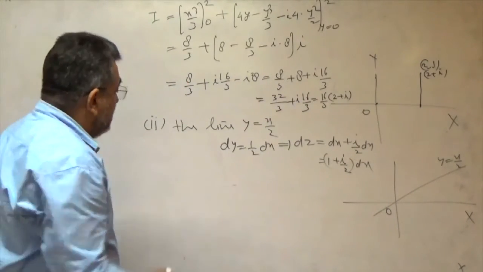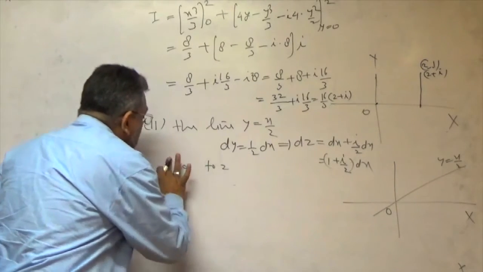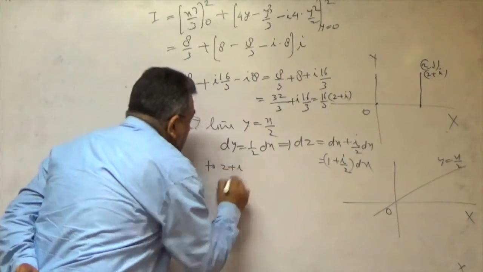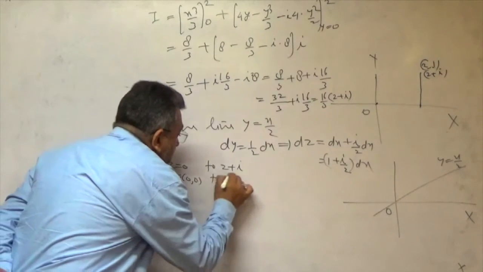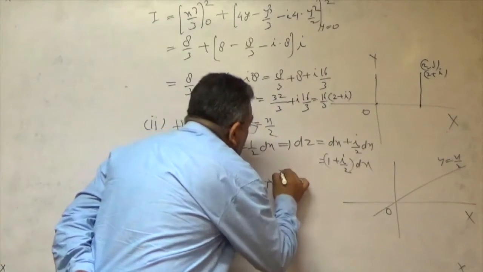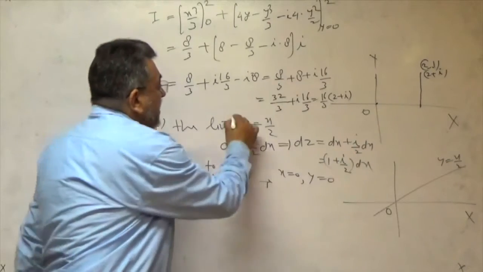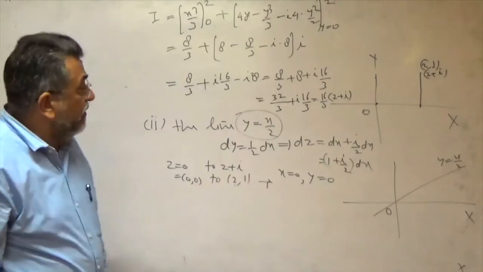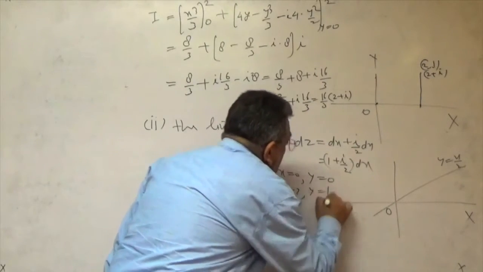And the integral goes from z equal to 0 to 2 plus i. So when x equal to 0, then y is 0. From this relation, because we are given y equal to x by 2, when x equal to 2, then y equal to 1.